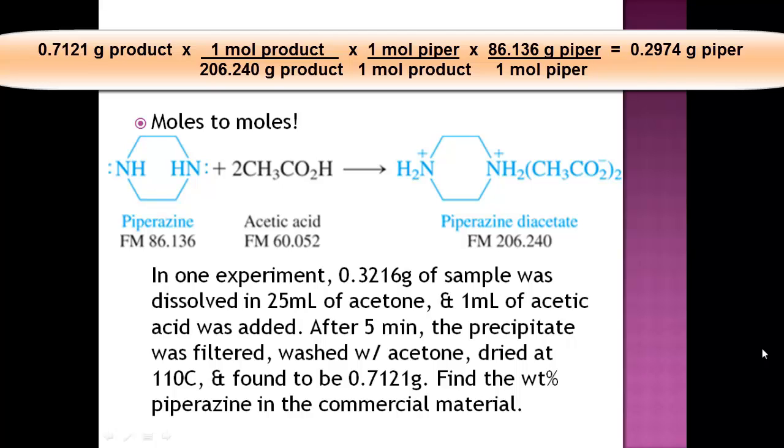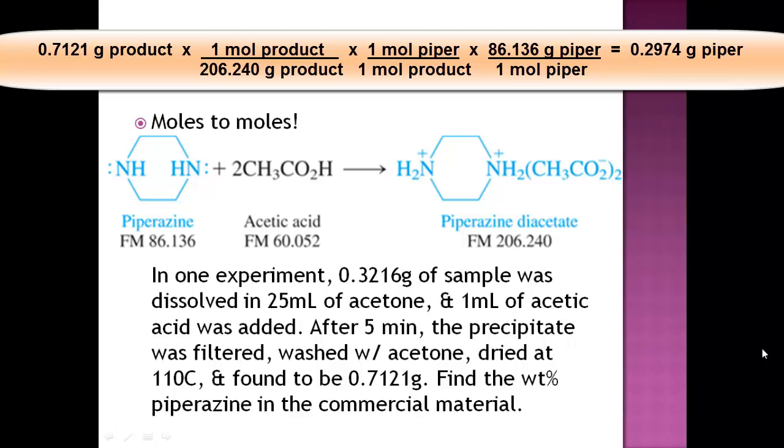Now you go moles to moles. It's a 1-to-1 ratio, so 1 mole of product goes to 1 mole of piperazine. Now all you do is convert that to grams of piperazine by using the formula mass. So 1 mole of piperazine is 86.136 grams of piperazine, which gives you 0.2974 grams of piperazine.